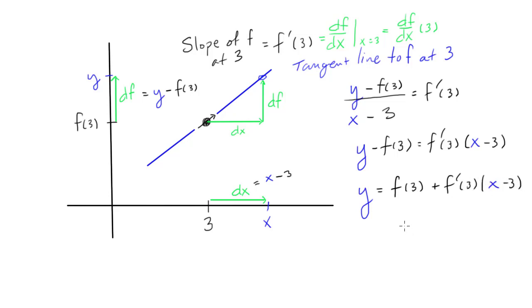That function of x outputs a y value. That function is called the linearization of f at 3. It's the function that generates the tangent line.